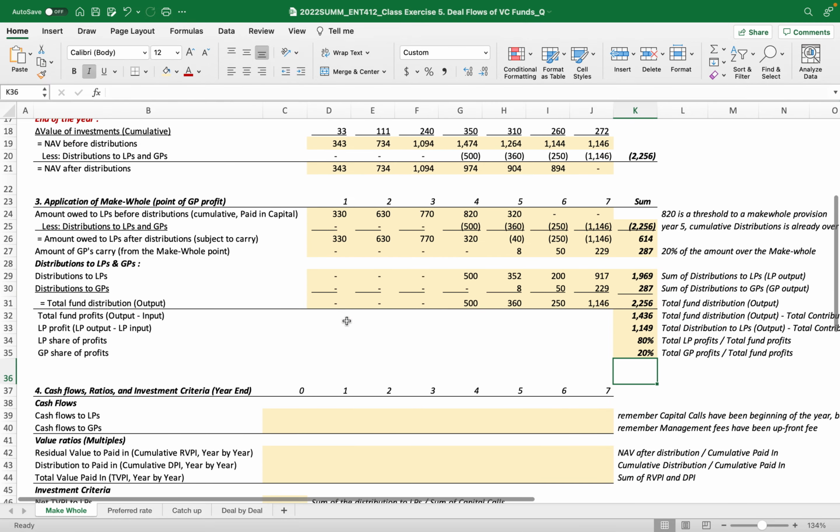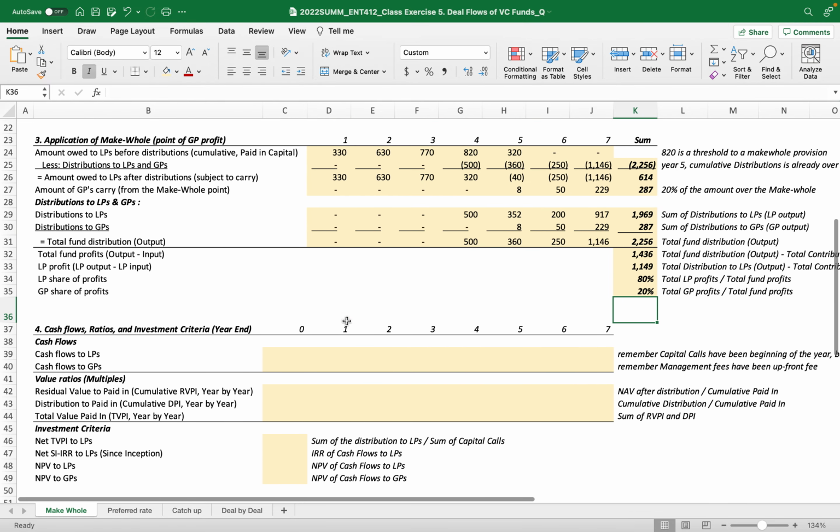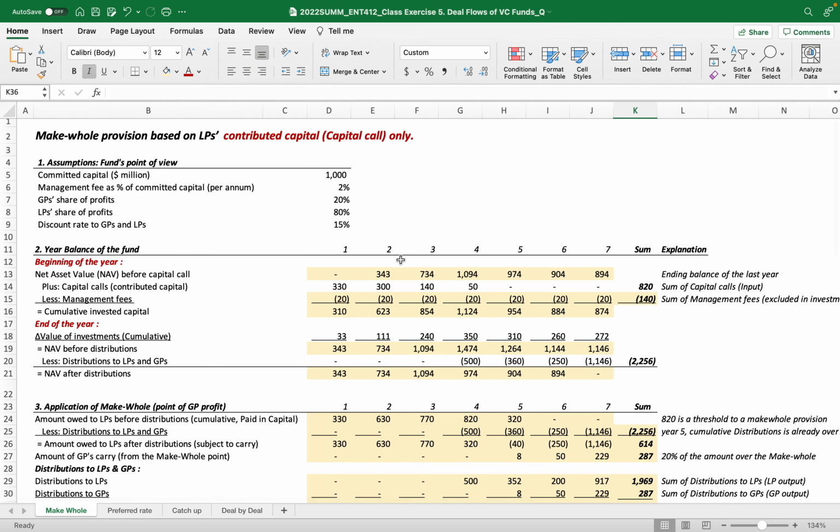Now let's move on to actual cash flows and ratios and investment criteria. If this investment is satisfied, the rate of return must be greater than the required rate of return or discount rate of 15%.